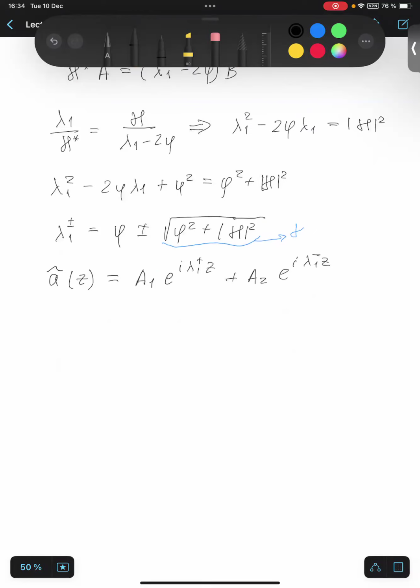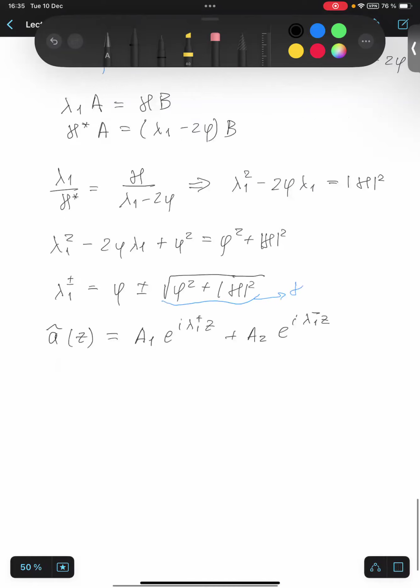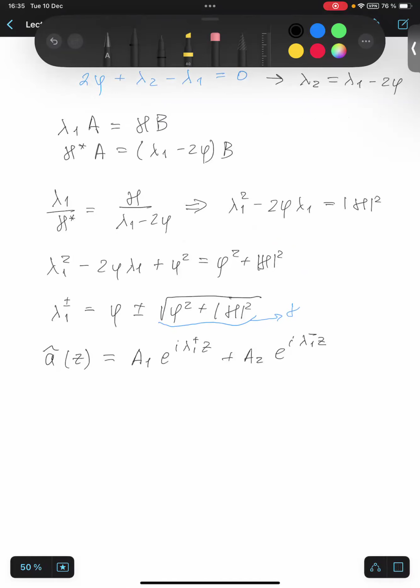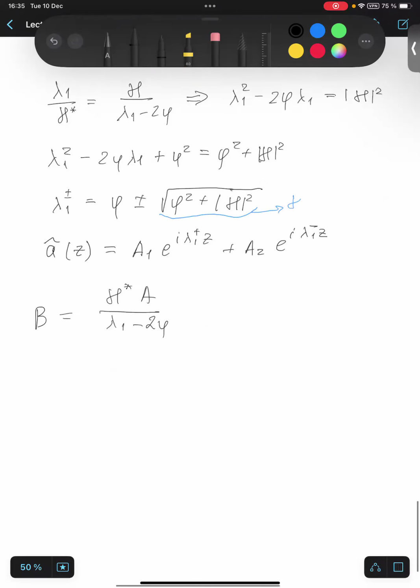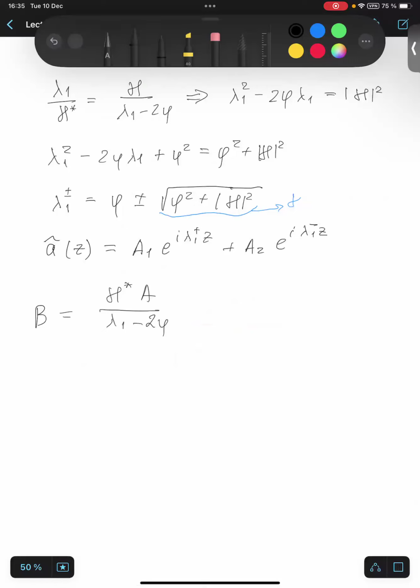So for the second waveguide, we can just say that B is nothing else than kappa conjugated A divided by lambda 1 minus 2 phi. And easily we can write the solution.